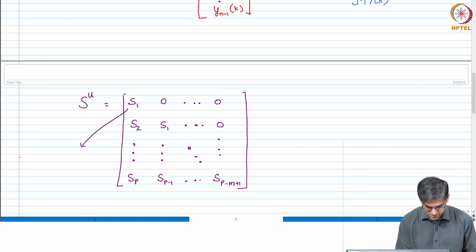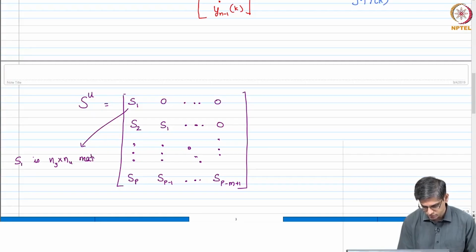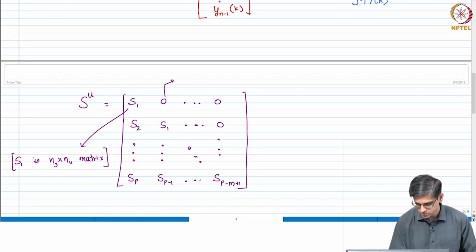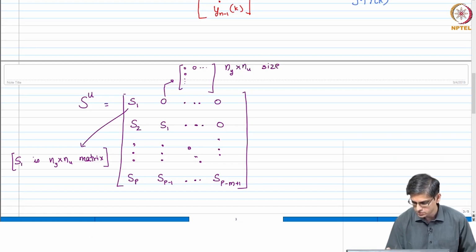Each of these elements S1 is Ny by Nu matrix. 0 is also Ny by Nu size 0 matrix.